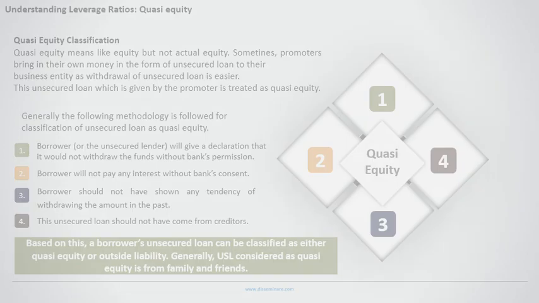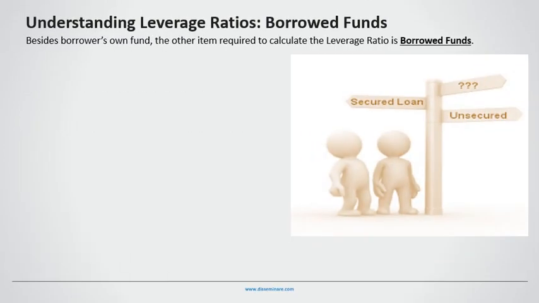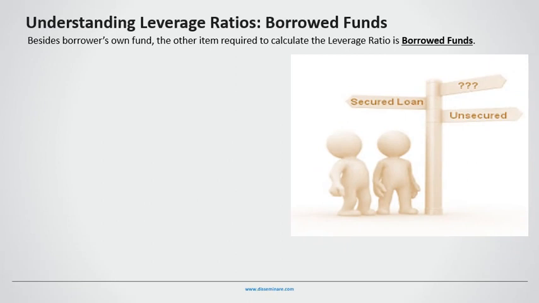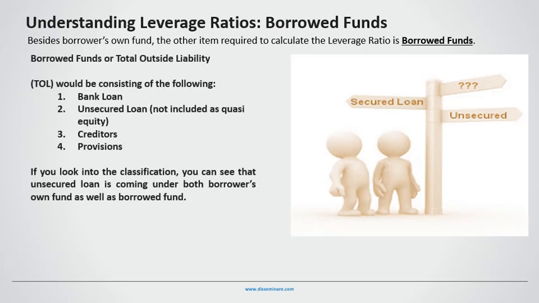Let us now look at the calculations of leverage ratios. For calculating leverage ratios, we need to calculate the borrower's own funds and borrowed funds. The borrowed funds, or total outside liability as it is referred to in the balance sheet, TOL, shall consist of the following. 1. Bank loan. 2.